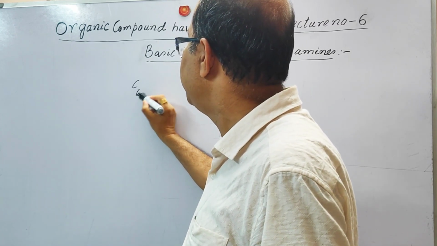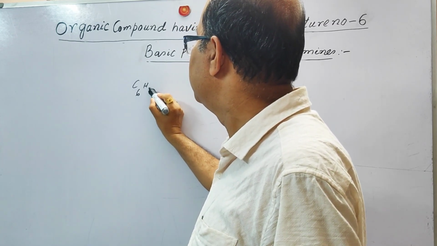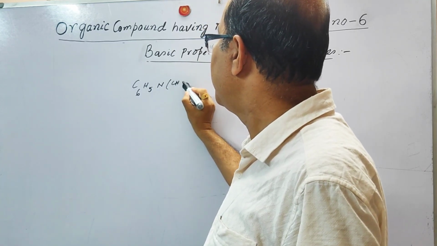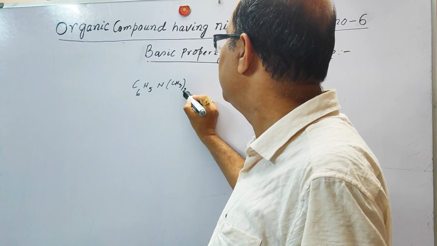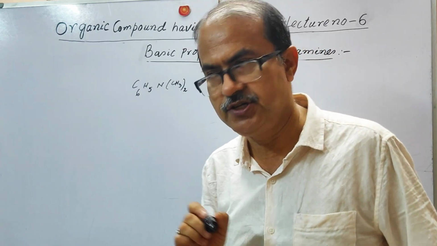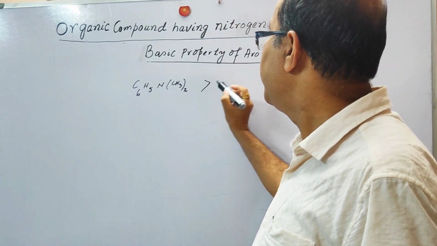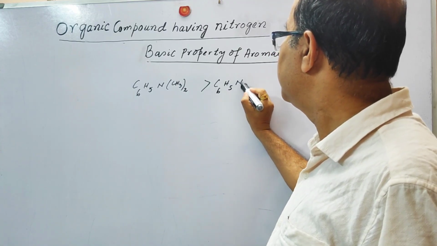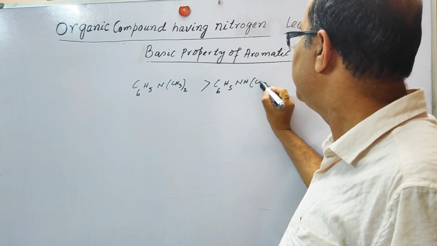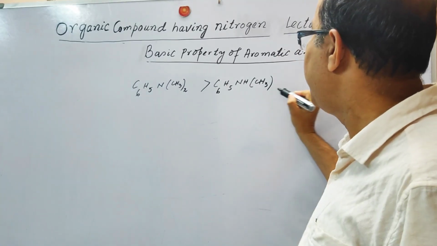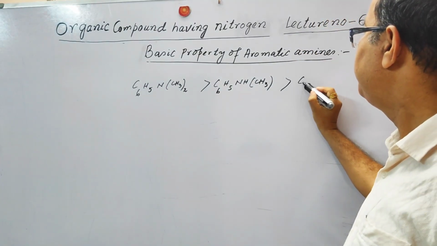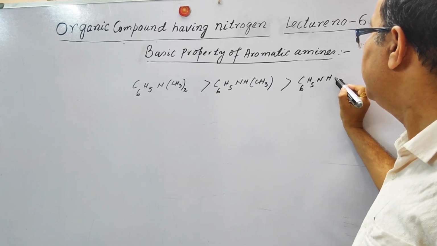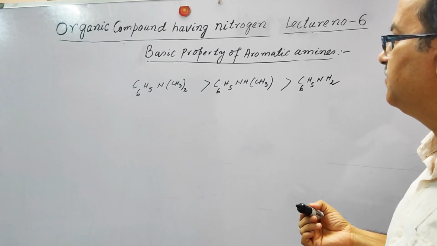We can write with the decreasing basic strength, that we will find when we replace the two hydrogen atoms with the methyl group, it will have the highest basic strength. Followed by when we are replacing one hydrogen atom by methyl group, it will be this, and the aliphatic aromatic aniline will have the least basic strength.